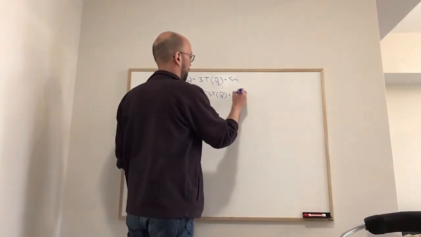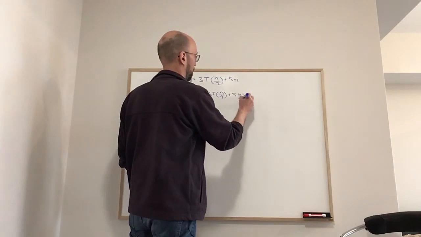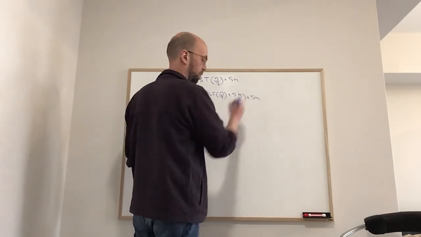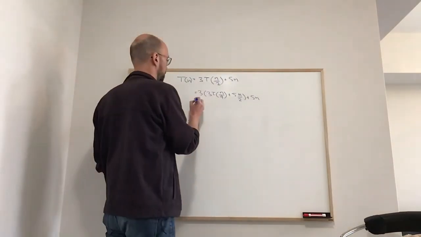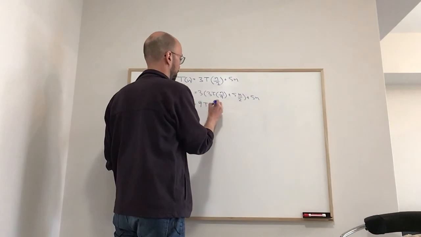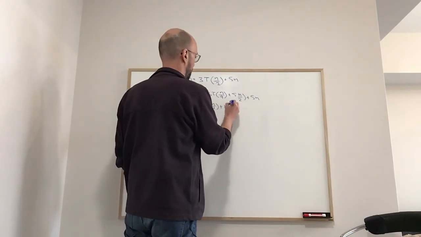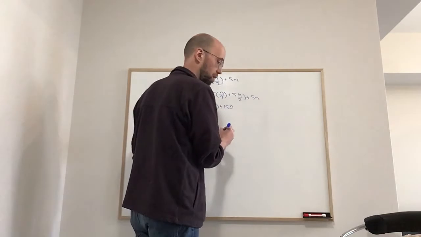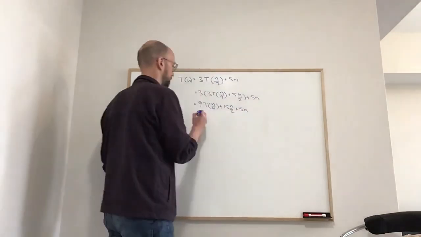Substituting, this is equal to 9T(n/4) plus 15n over 2 plus 5n.